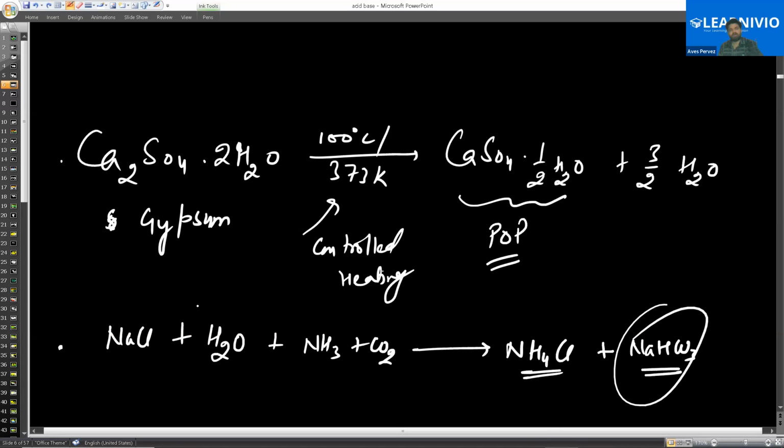Baking soda is NaHCO3, and baking powder is simply baking soda when we add some edible acid to it. Then it becomes baking powder. Okay, so you've done all the preparations for this one.